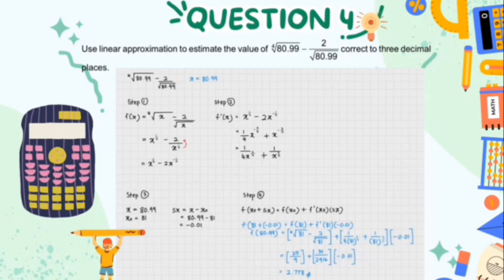So f of 81 plus negative 0.01 equal to f of 81 plus f prime of 81 multiplied with negative 0.01. For f of 81, we need to write back the equation of f(x) from step 1, and for f prime of 81, we write the f prime x equation from step 2. Substitute 81 into all the x values in the equation, and you will get the final answer of 2.778.